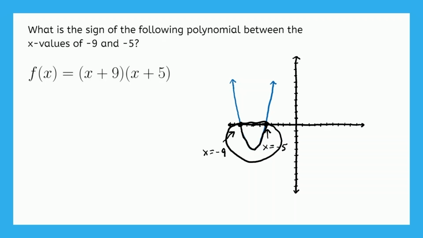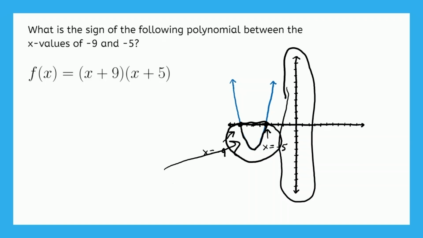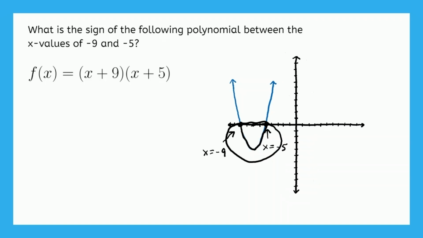When they ask that, they're asking what is the sign of the y values of that portion. The y-axis is the vertical axis, obviously. So is this portion of the graph positive or negative on the y-axis? Obviously negative, right? Because we're below the x-axis. So without doing any algebra, we can see that the answer is negative. That is, the sign of the polynomial is negative in that interval.